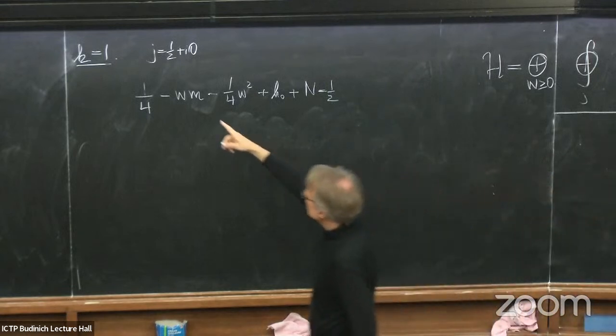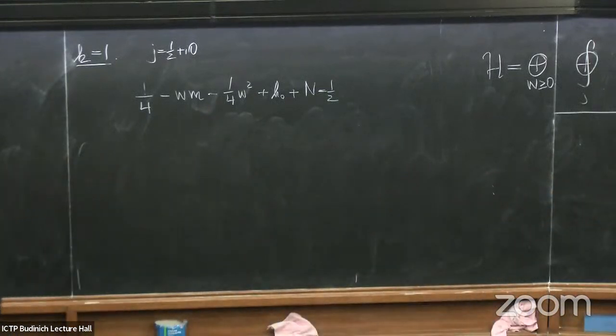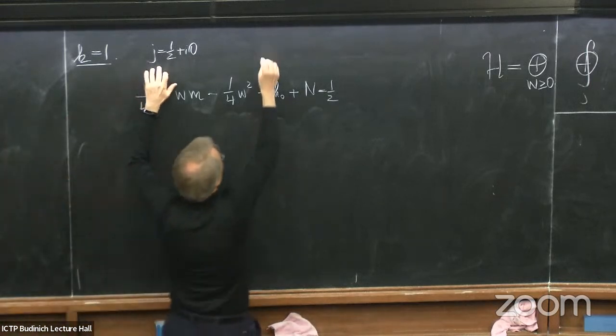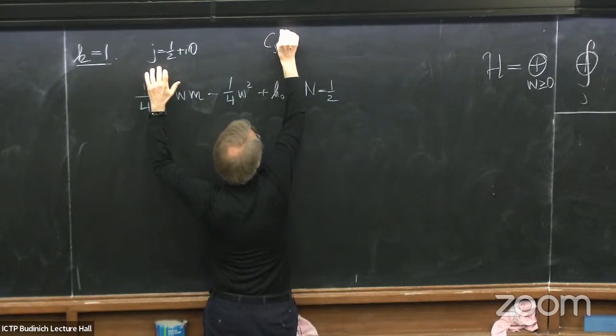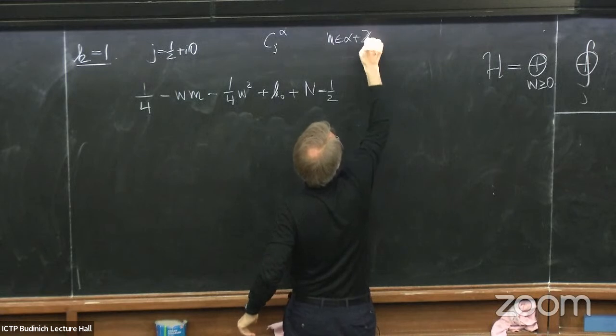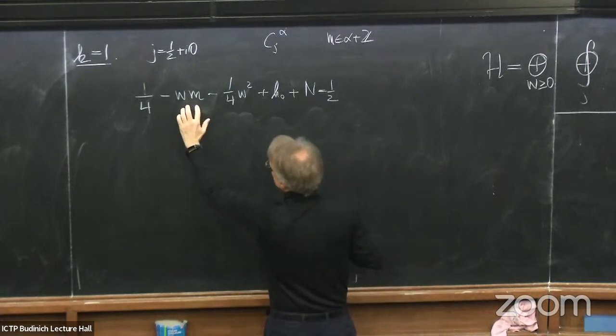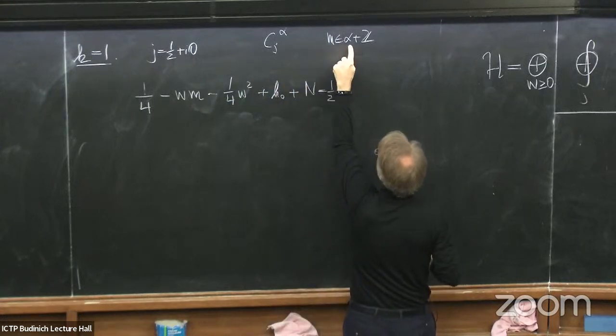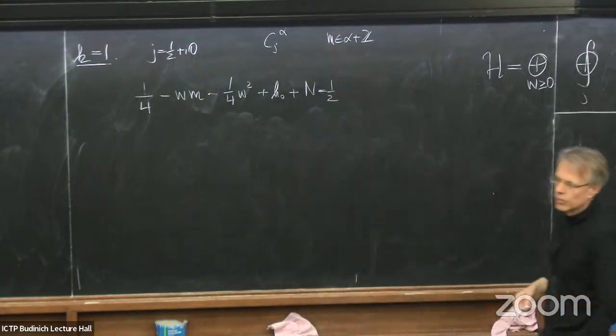Remember, in the continuous representation, the eigenvalues of J30 are up to me, because the continuous representations are labeled by C_j^alpha, and M has to be of the form alpha plus Z. But I can simply take this equation to solve for M and then declare that I'm looking at a representation with the corresponding value of alpha.